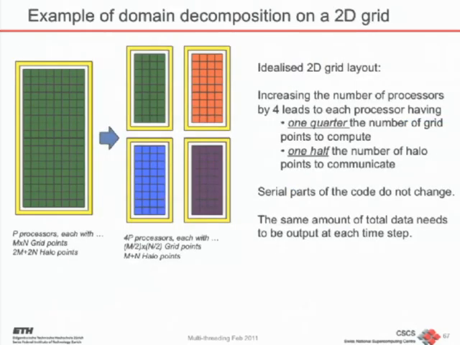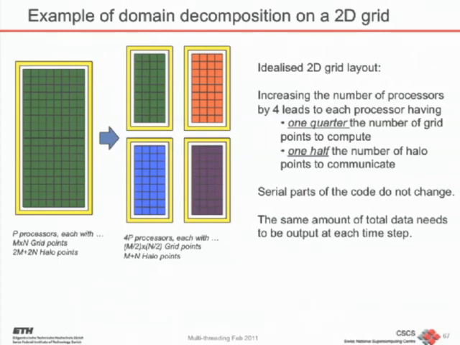Now, let's go back to a domain decomposition example. In this case, it's on a 2D grid, which would be applicable to something like the COSMO climate code, a 3D grid where you're not parallelizing in the third dimension. Here we've got an idealized 2D layout. For P processors, each has m by n grid points, so an individual processor has m by n grid points and 2m plus 2n halo points.